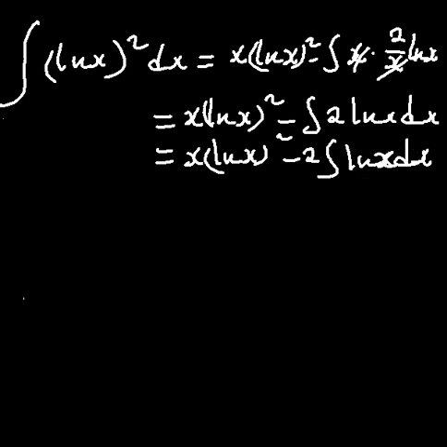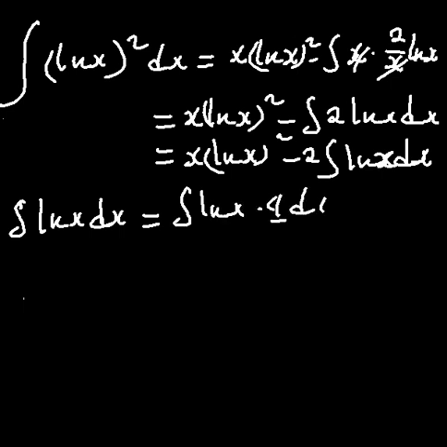So in this case we'll have the integral of ln x dx, and it is the same as the integral of ln x times 1 dx. Now we'll apply integration by parts again, where u is given as ln x. And what is the du? We'll have it as 1 over x dx.